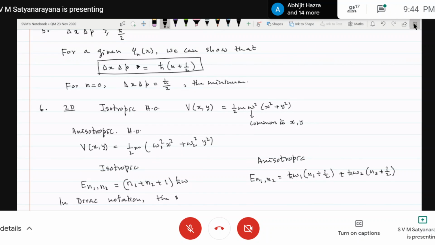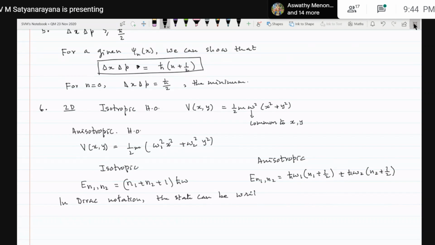The state can be written as n1 comma n2. State is always represented with quantum numbers.